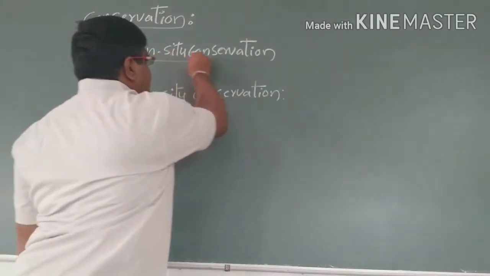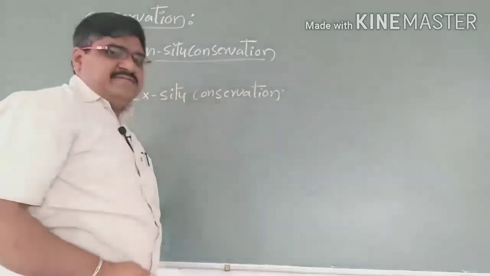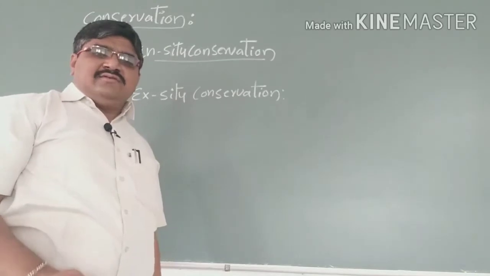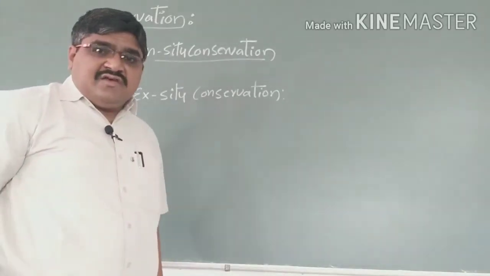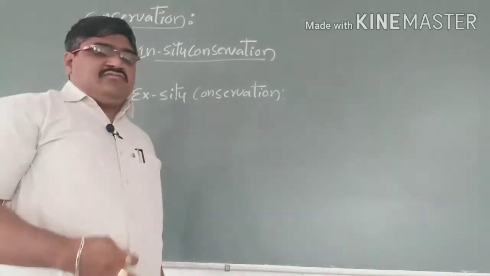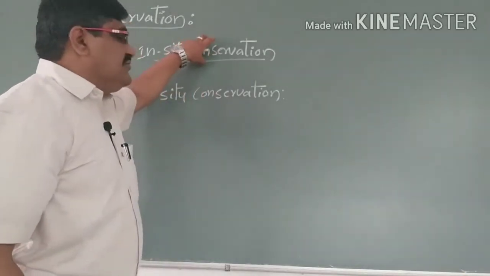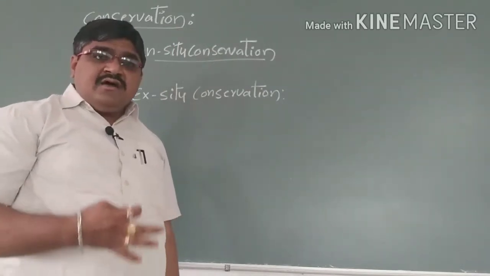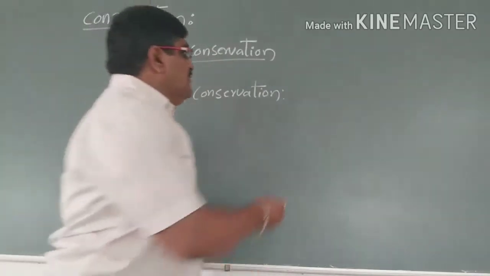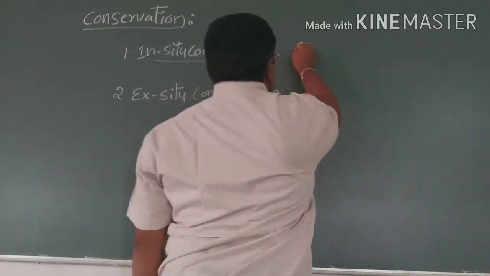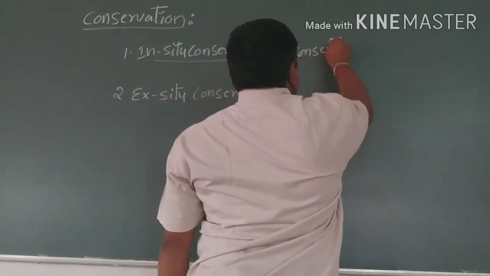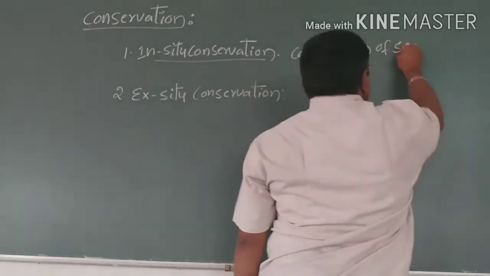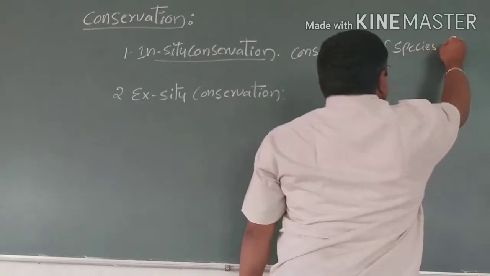What is in situ conservation? It is the conservation of a species within its habitat or within its ecosystem. In means inside the habitat only.